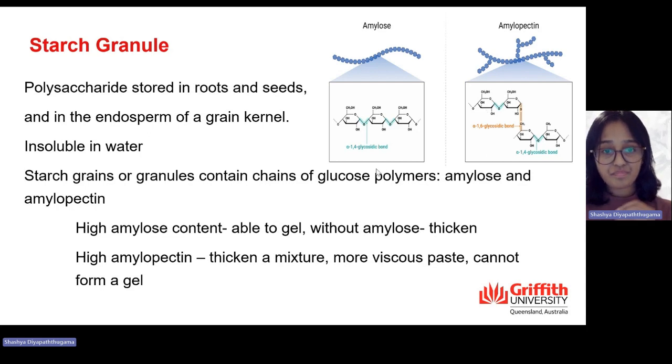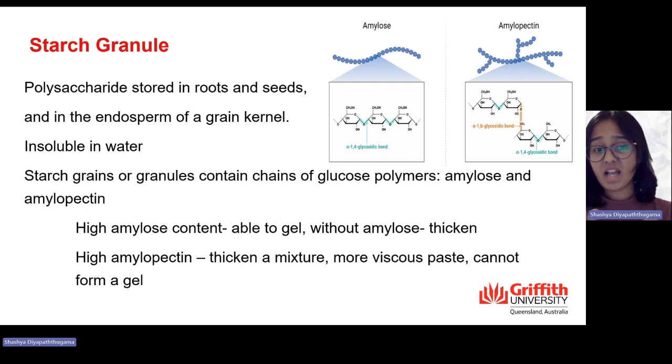So this starch granules contain both amylose and amylopectin in different ratios or different percentages. For example, the starch coming from potatoes, tapioca, they have more amylose, and the starch coming from rice, wheat, they have high amylopectin content compared to amylose.